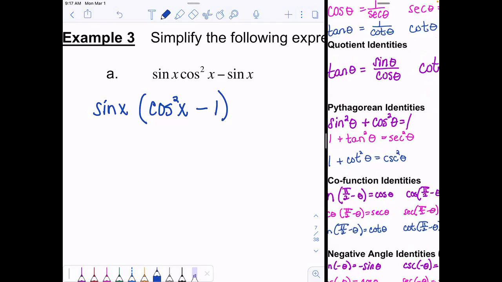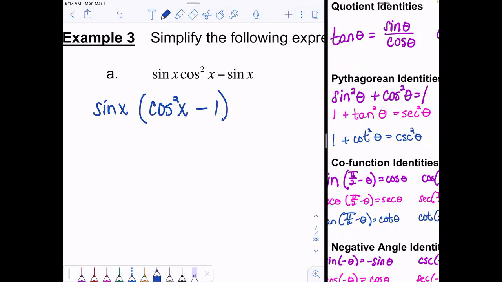If you look at your list, the Pythagorean identities are the only identities that are squared. And right now we have cosine squared minus 1. And in that list, I have sine squared plus cosine squared equals 1.